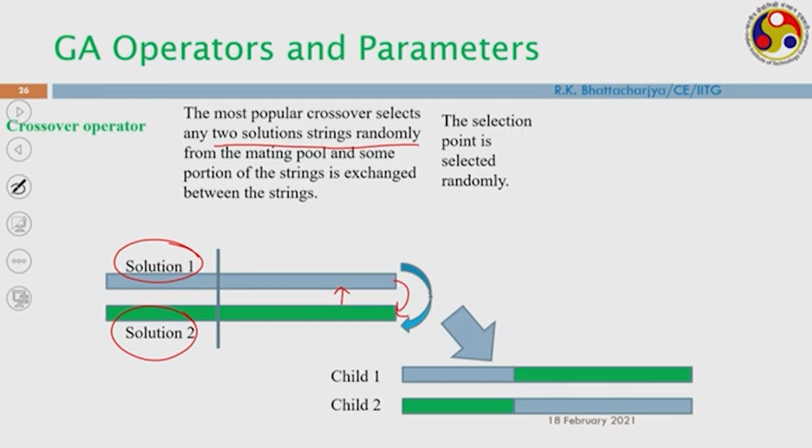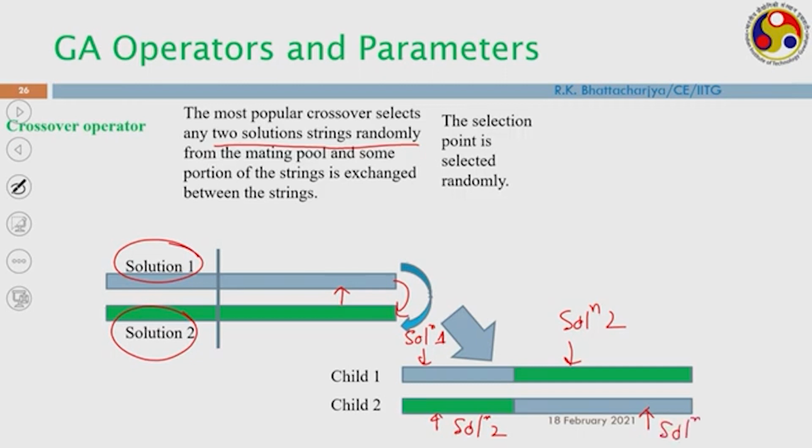So, you are getting new solutions from solution 1 and solution 2. One portion is from solution 1 and the other portion is from solution 2. Similarly, for the second new solution, one portion comes from solution 2 and the other from solution 1.